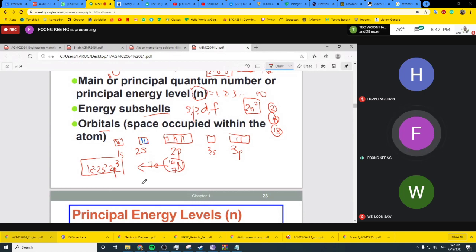Your question to me, you may ask me, Miss Ng, why do I fill 1, 1, 1? Why can't I fill up in this way here? Can I do it this way? Can I fill up my electron in this way?